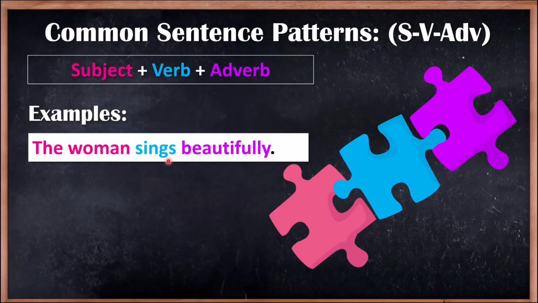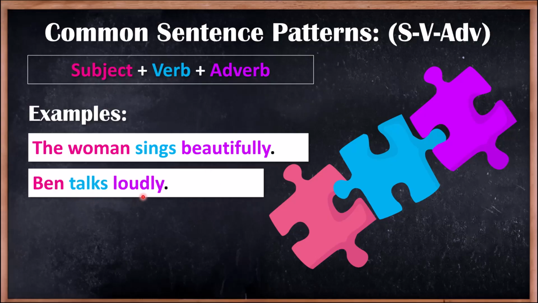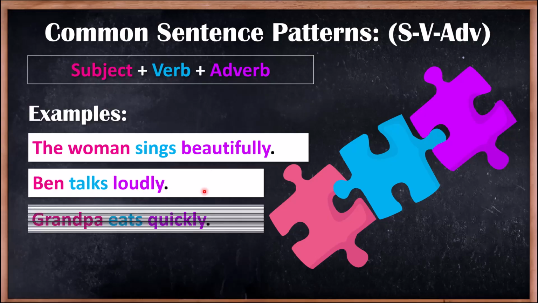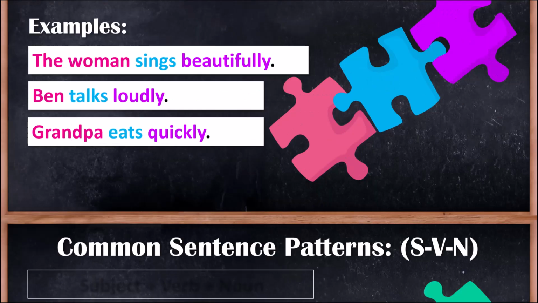It's describing the verb. We're not describing the woman. We're describing how she sings, how she performs the action. Ben talks loudly. Grandpa eats quickly. Again, we're describing the verb with this adverb, how Grandpa eats.